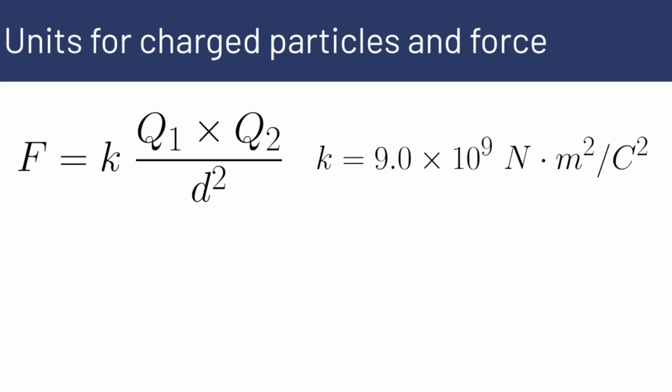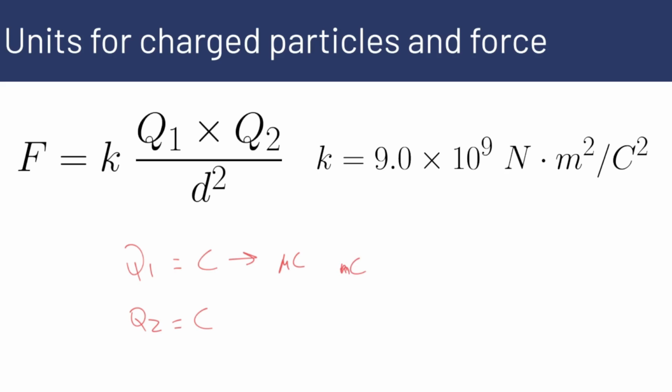All right, so let's take a minute to look at the units for charged particles and the force due to charged particles. The units for Q1 and Q2 are going to be coulombs. It might not be a full coulomb, it might be a microcoulomb or a nanocoulomb, depending on how much the charge is.